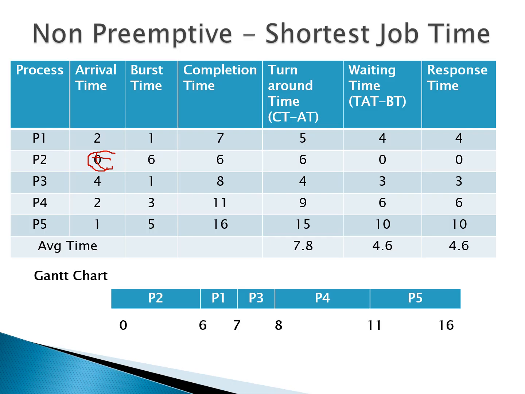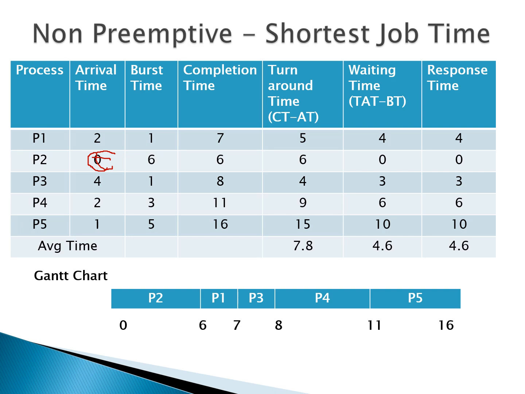So all the processes have entered before P2 completes. Now we are going to check which particular process to run next. We check the burst time, the least burst time.